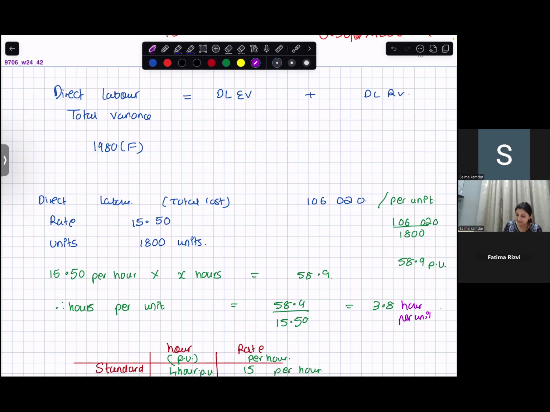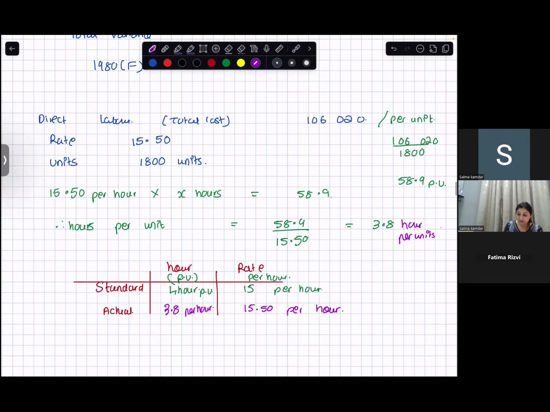My standard hours per unit was 4, and my actual is 3.8 hours per unit. My standard labor rate per hour is 15, and my actual labor rate per hour is 15.50. That means I am paying my laborers more, so adverse.